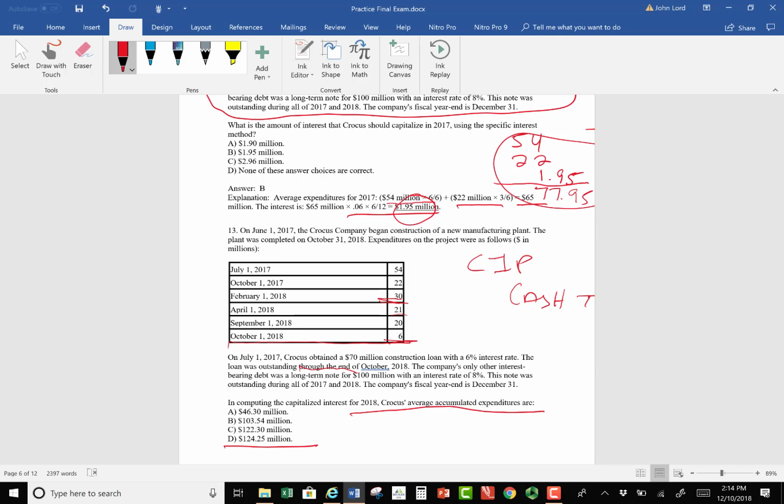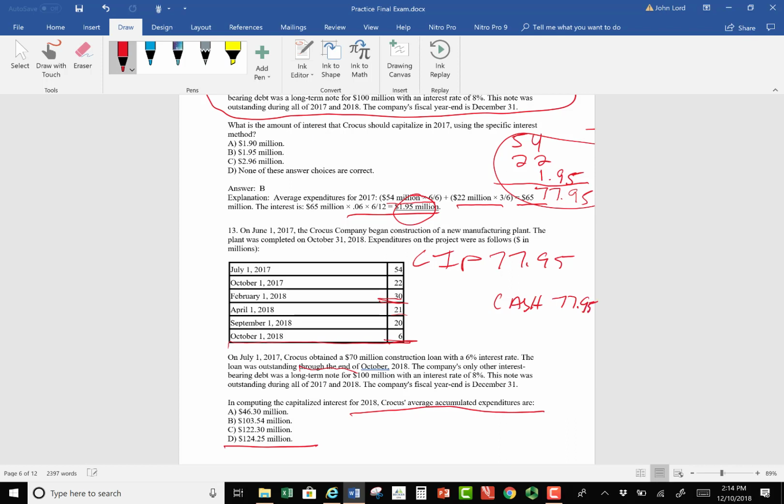Okay, now if they had interest expense that was more than this 1.95, which they did, okay, so we debit construction in progress for 77.95. We credit cash for 77.95.